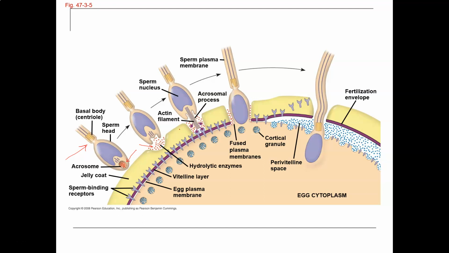It actually takes multiple sperm to erode a pathway through to the egg. So really it's the sperm that comes along at the right time that has enough enzymes to make it that last little bit through to the egg, and whichever sperm gets there first is the one that's going to be able to fertilize the egg cell. So this is the acrosome reaction that requires capacitation of the sperm.